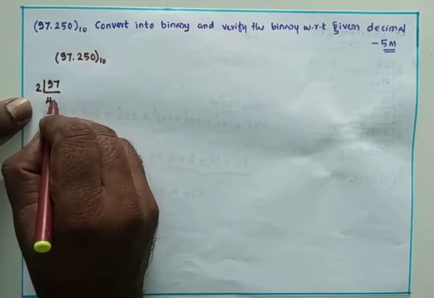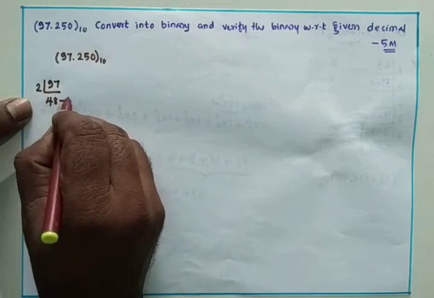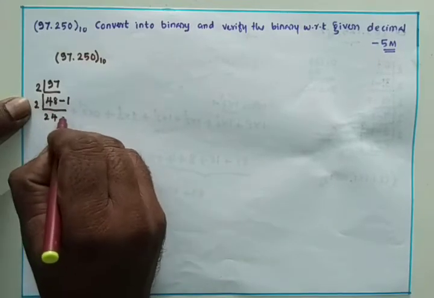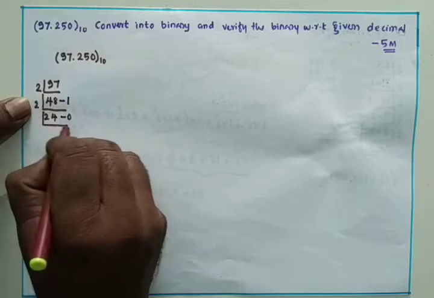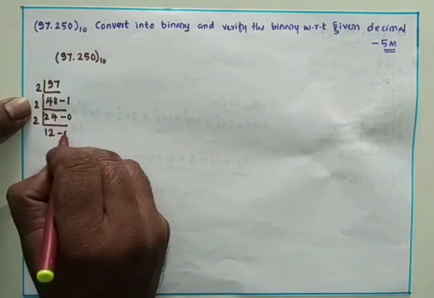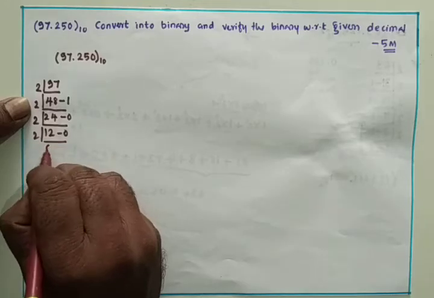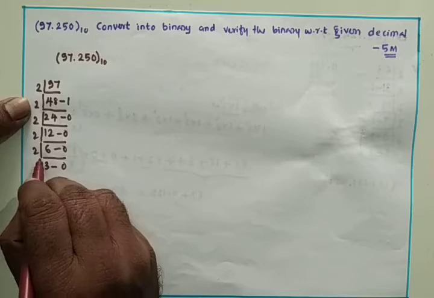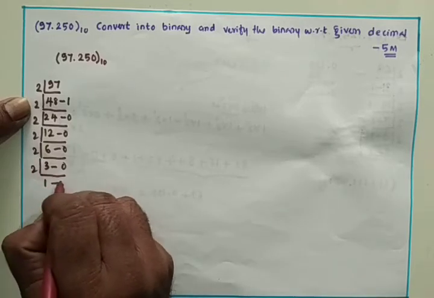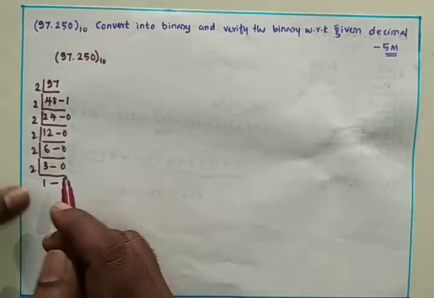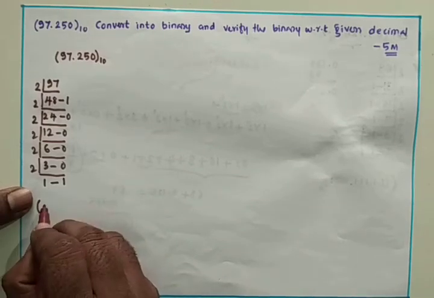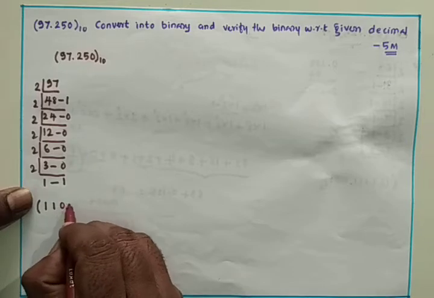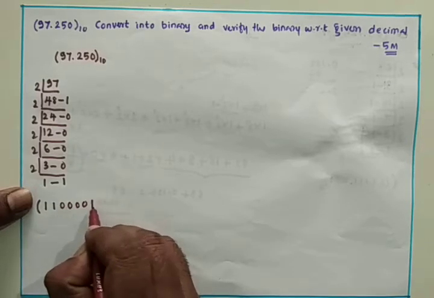It is 17. 2 8s are 16, remainder 1. 2 24, remainder 0. 2 12, remainder 0. 2 6, remainder 0. 2 3, remainder 0. 2 1, remainder 1. Now we got the equivalent binary number for 97, that is 1 1, 4 zeros, followed by 1.